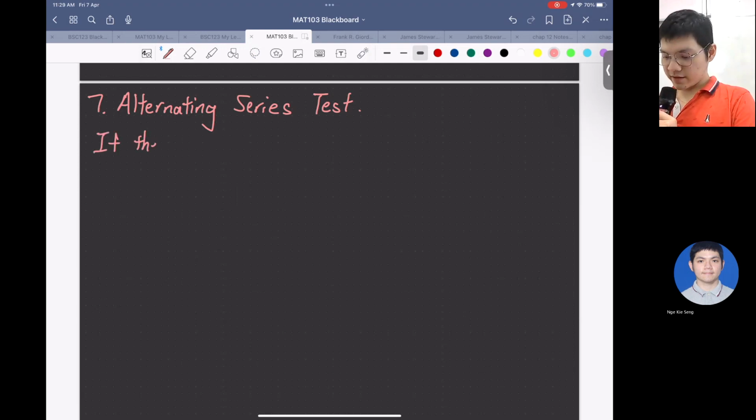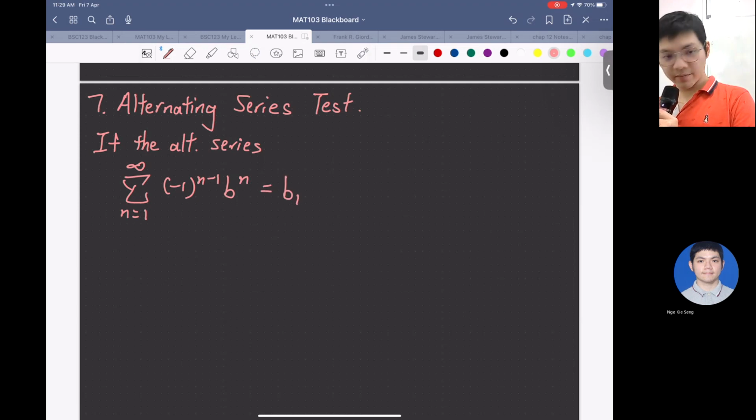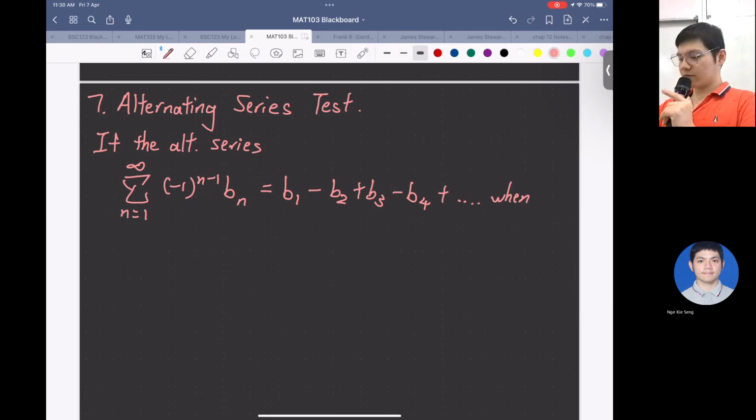Let's write down the alternating series. It's alternating (-1) with some coefficient bn. For example, b1 minus b2 plus b3 minus b4, and so on. So we split up the sign (-1) from the bn, such that bn is always positive.